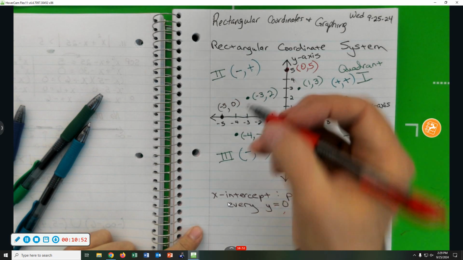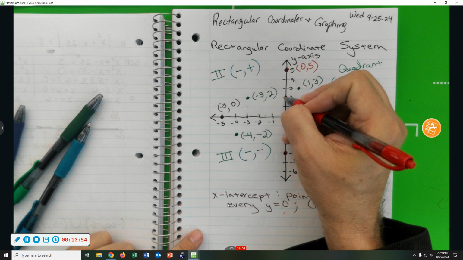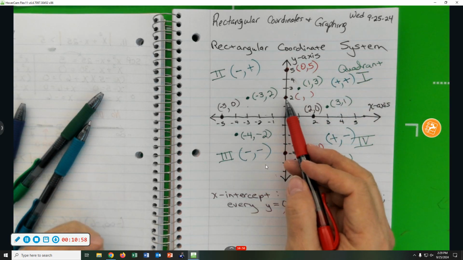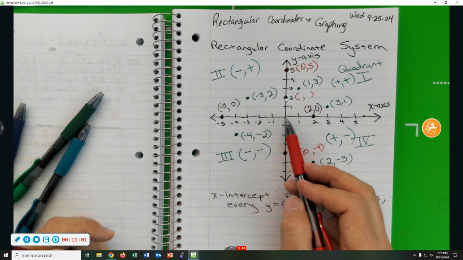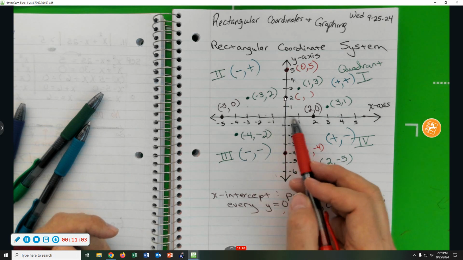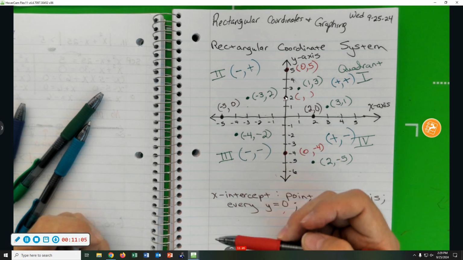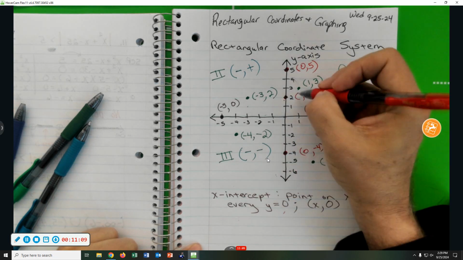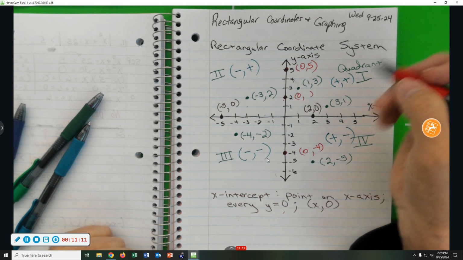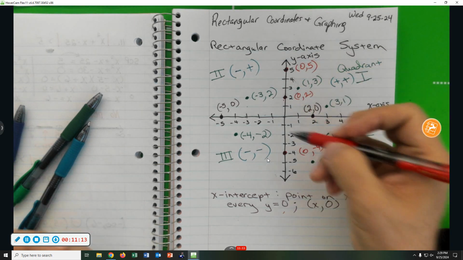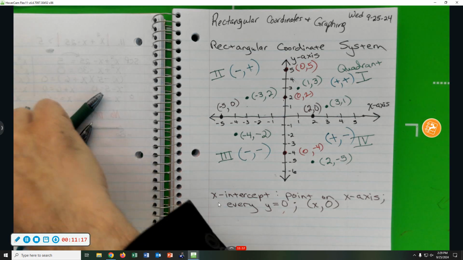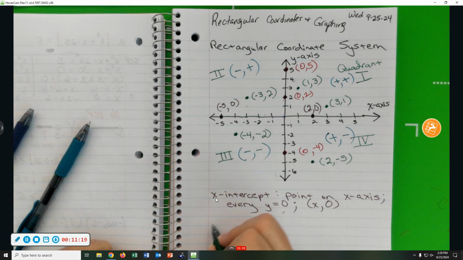Y'all don't seem too confident about that. And with a little thought, it should be obvious. If it's on the y-axis, if you move any way, left or right, are you going to be on the y-axis? No. So any point on the y-axis must have an x value of 0. And then the y value is whatever number's there on the number line. I better write this out. I'm going to say a y-intercept.